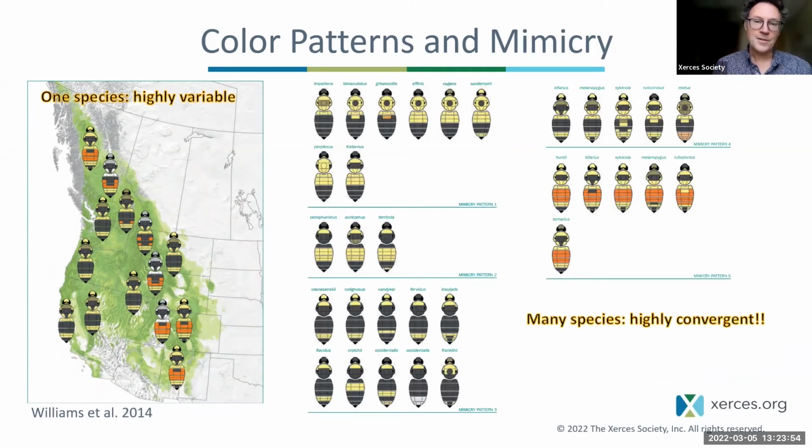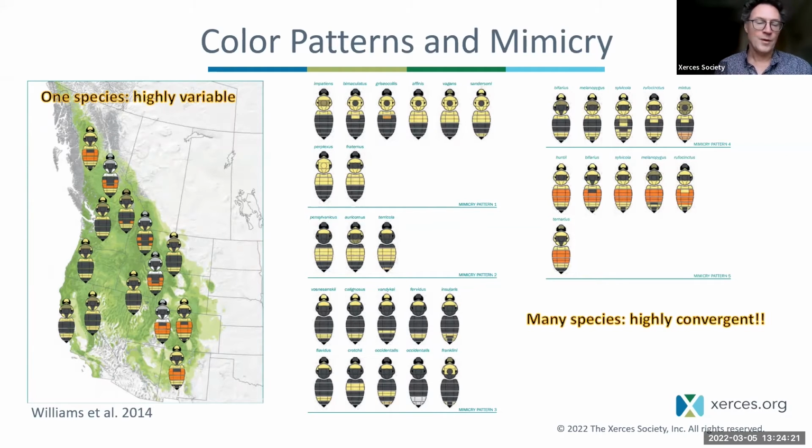Here's another one. It turns out that many species living in the same general area will evolve rapidly to look highly similar to each other. So the genetics underlying color pattern determination in bumblebees are fairly simplistic and labile. Within a relatively short period of time, you can get a population of bees that expresses one color pattern versus another.